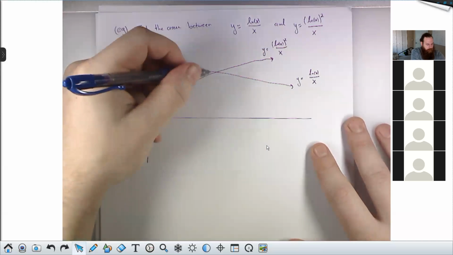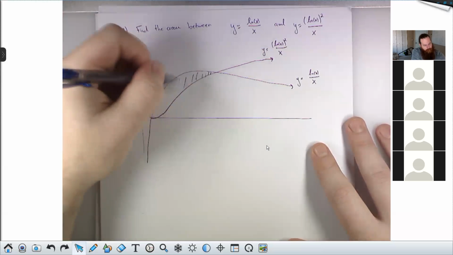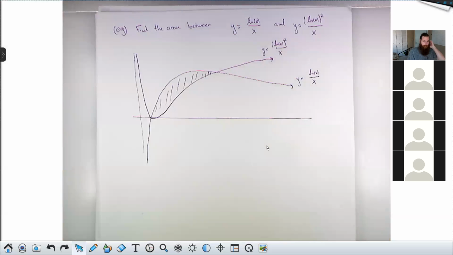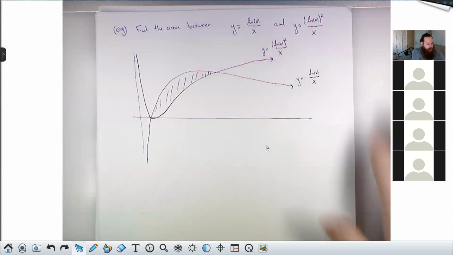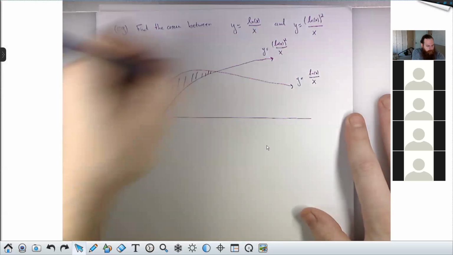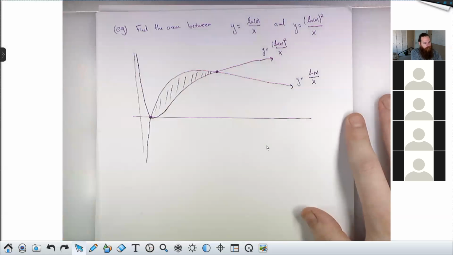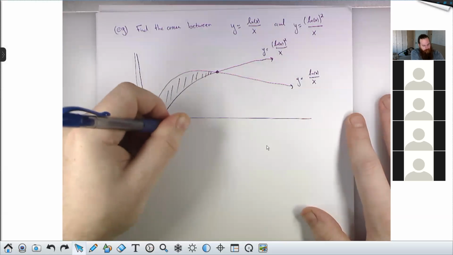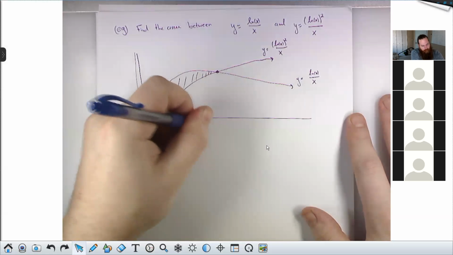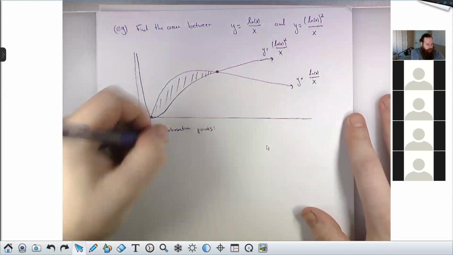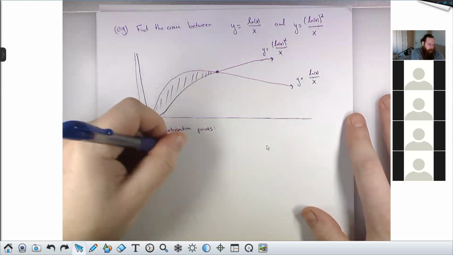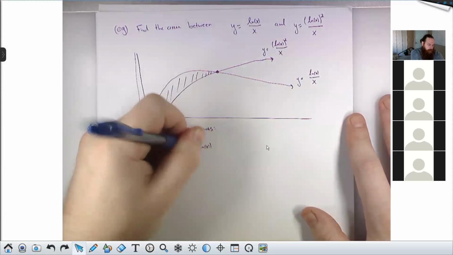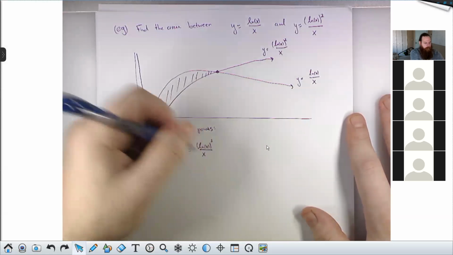So the region I'm looking for the area of is this one. And just like in the other problem, we need to find the intersection points. So I'll set ln x over x equal to ln x all squared over x.